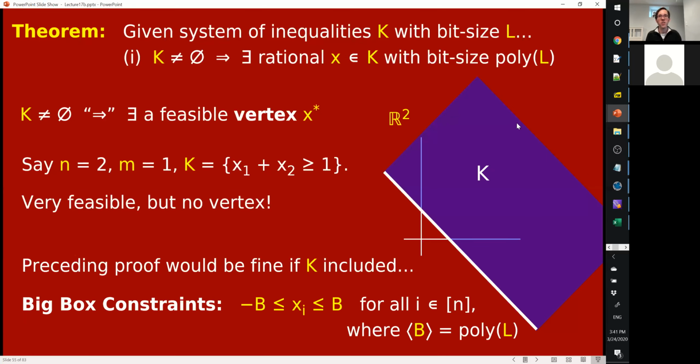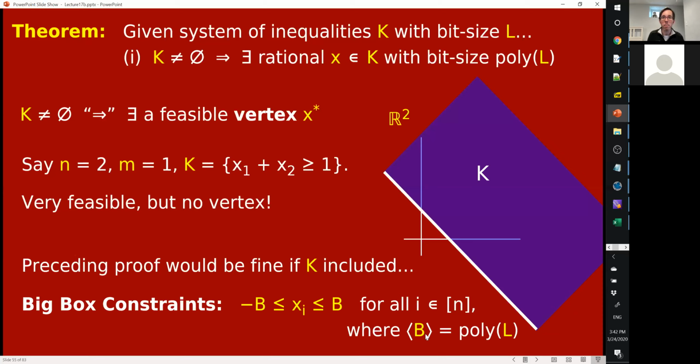What are big box constraints? I say you have, quote unquote, big box constraints if your linear program, your set of inequations, also includes for every variable xi a two-sided equation saying xi is between negative B and B, where B is some really big number. It's like saying, my linear program is K, but I only want to worry about x's inside a gigantic cube of side length 2B.